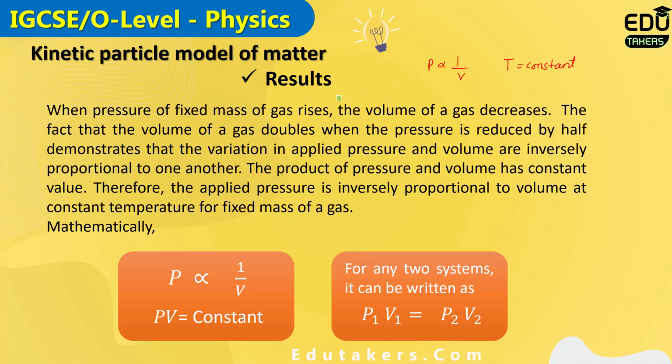If I say that the volume of the gas is doubled, what would be the effect on the pressure of the gas by keeping the temperature constant? So see here, the volume gets doubled. It means that the volume becomes 2V. Then what would be the effect on the pressure?